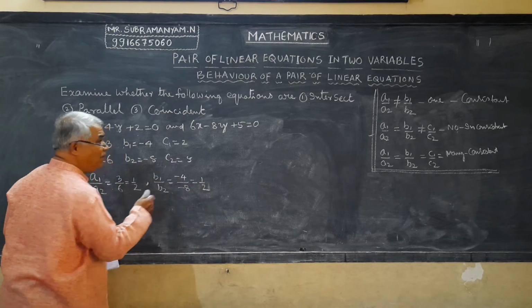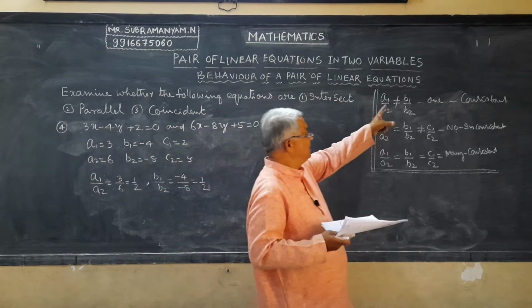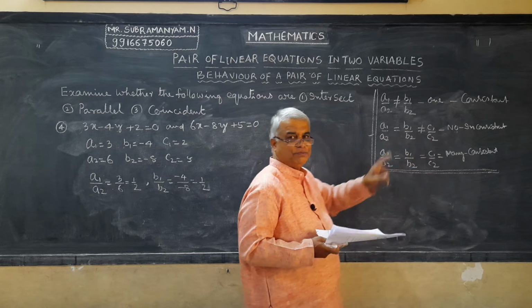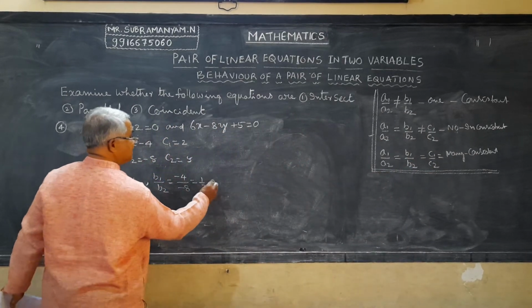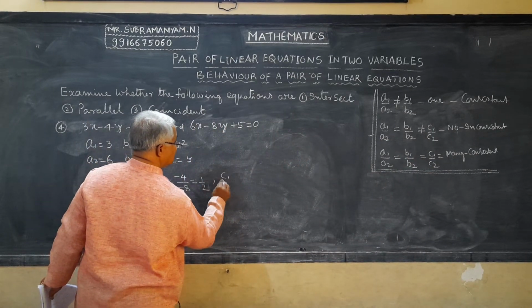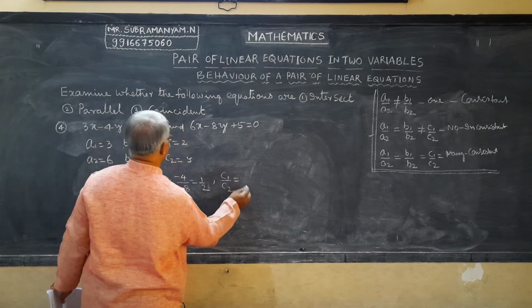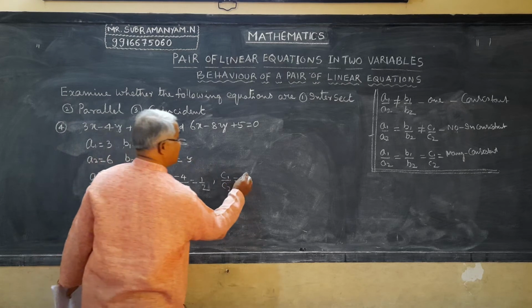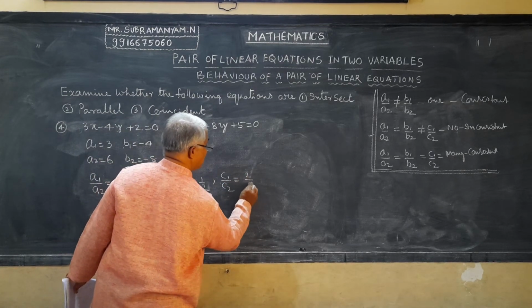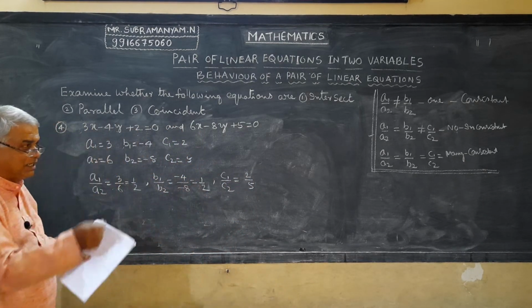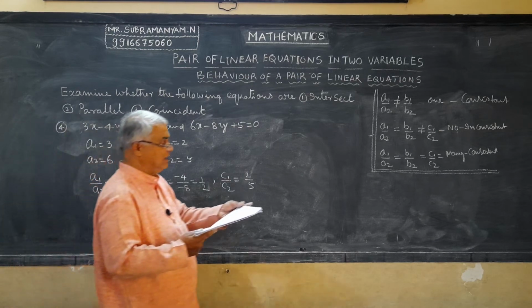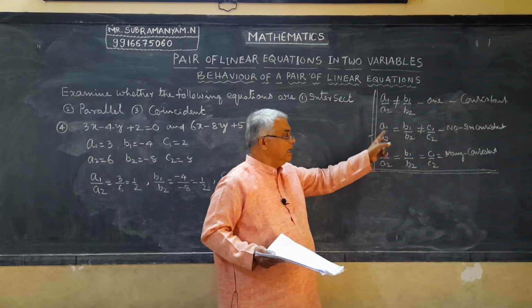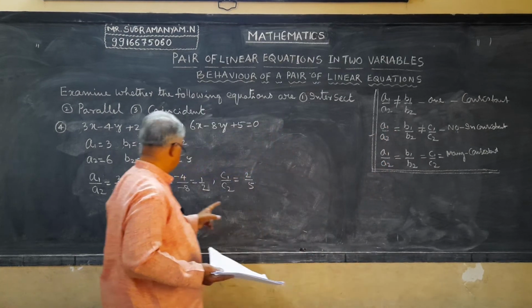Both values are equal, so go to C1 by C2. C1 value is 2, C2 value is 5, so 2 by 5.